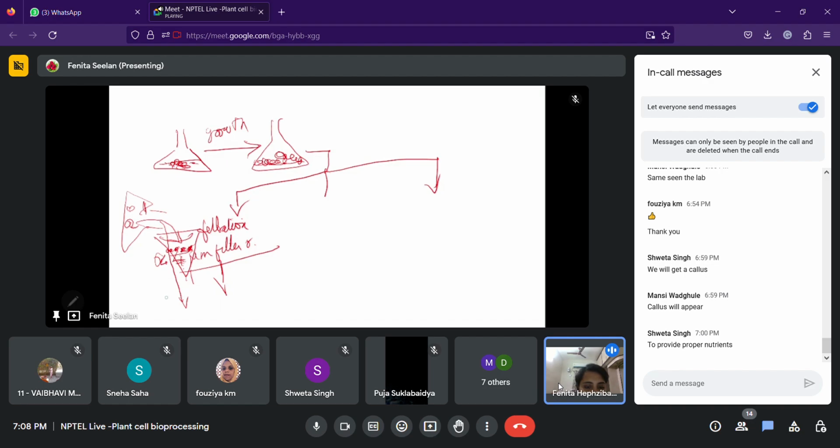Are you able to get the point? Yes, ma'am. Any larger clumps will be settling on top of your filter membrane, and anything smaller than or equal to the size of the pore will be passing down through into a new flask.